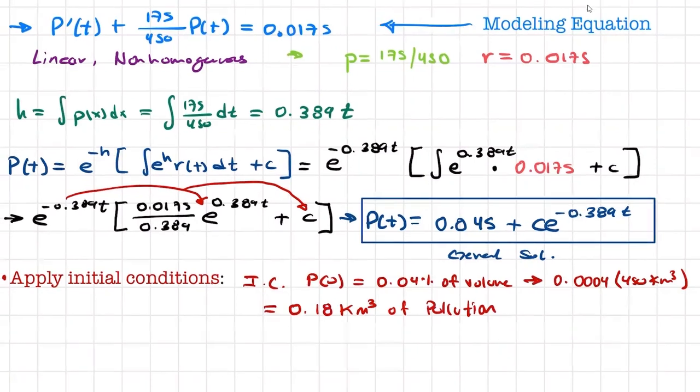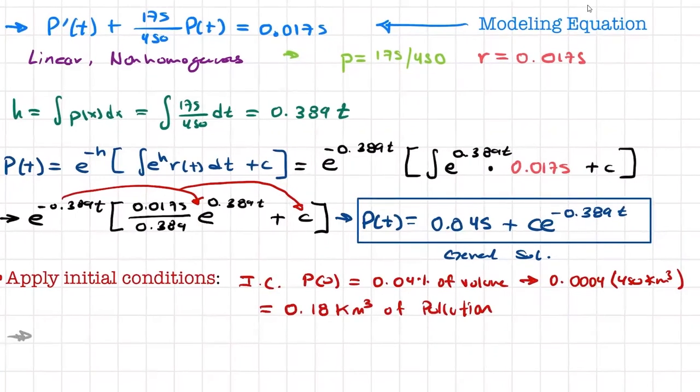So applying that condition, let's plug it in. So we have 0.18 equal to 0.045 plus C times e to the 0, right, when t is 0.